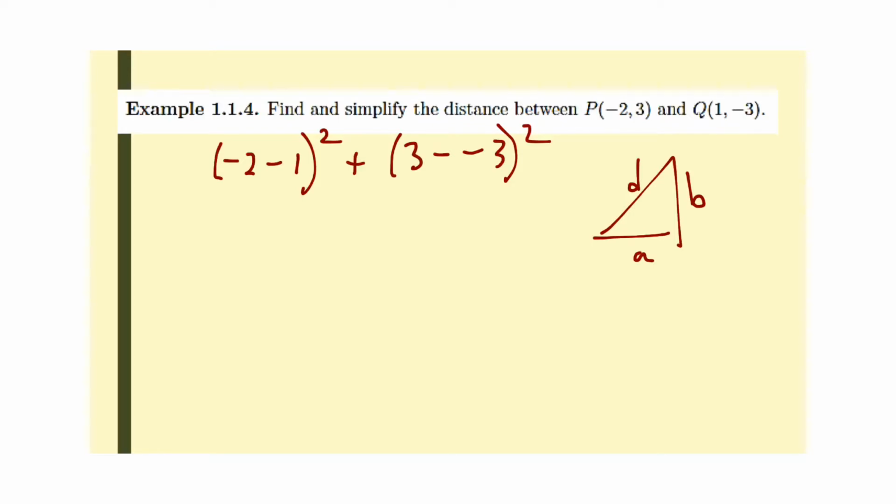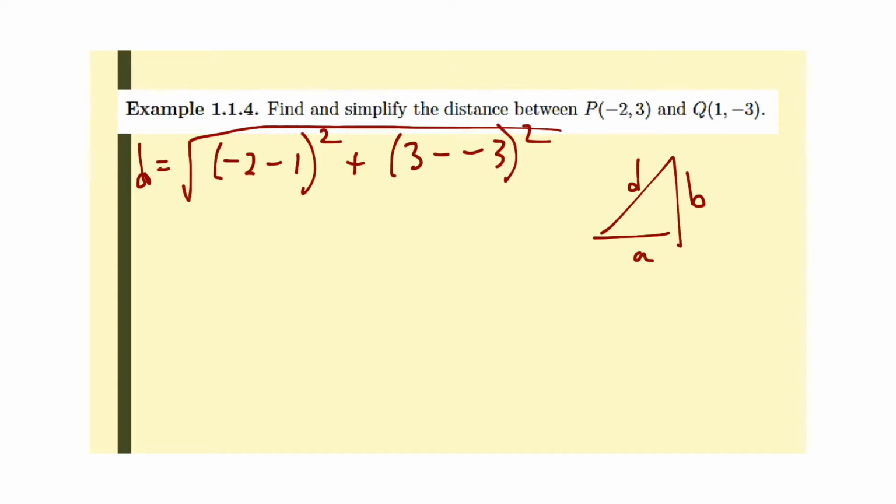All right, so what we did there was we said -2 minus 1 squared, that's this side, plus 3 minus -3, that's this side, squared. And then we're going to take the square root of all that. It's going to be d.